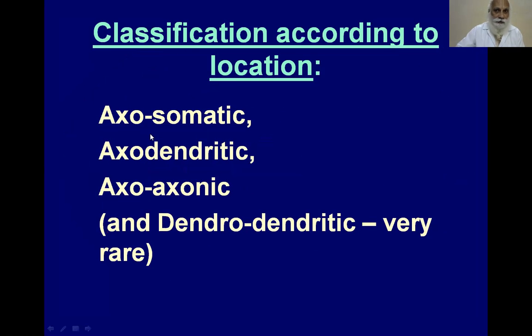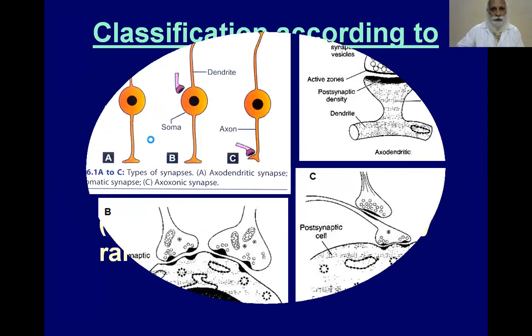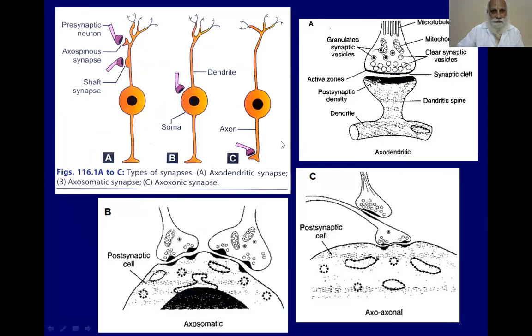The classification can be according to the location of the synapse: axosomatic, axodendritic, axoaxonic, and rarely dendrodendritic. Now, this is according to the parts which are participating in the synapse. If you look at this diagram, with 3 neurons, it is a more simplified version.